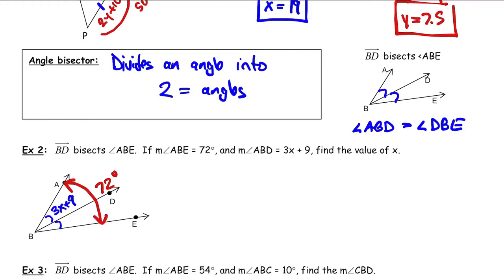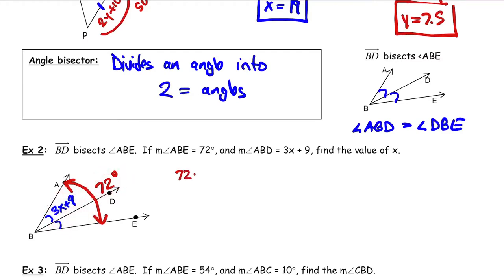So there's a couple ways you can approach it. I'm hoping it's obvious that this angle right here is not equal to 72 degrees. It's actually going to be half of that. So what I want to do, there's a couple ways I can do it, is I need to find the measure of this angle, knowing that the whole thing is 72, or you could write 3x plus 9 here and do 3x plus 9 plus 3x plus 9 equals 72. This might be a little bit quicker.